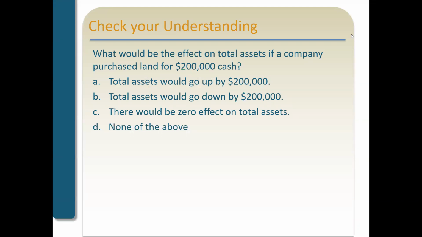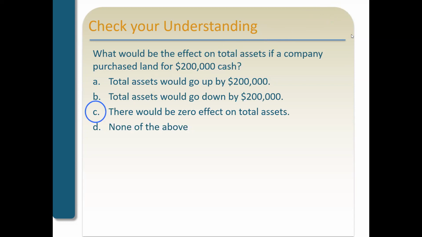What would be the effect on total assets if a company purchased land for 200,000 cash? Would it be A, total assets would go up by 200,000? B, total assets would go down by 200,000? C, there would be zero effect on total assets? C. Yes, excellent.